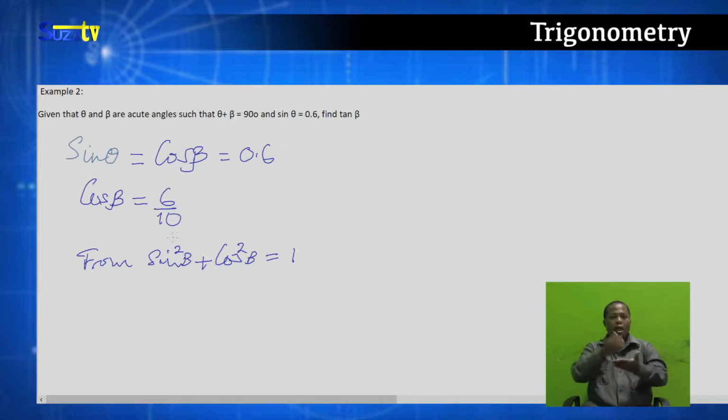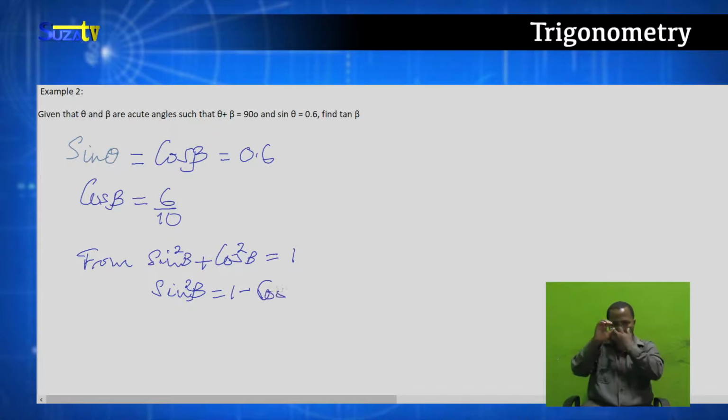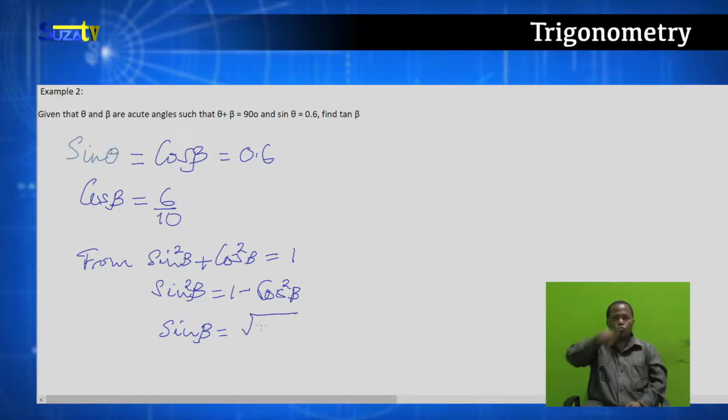So sine squared beta is going to be 1 minus cos squared beta. The same thing here, we can see that sine of angle beta is equal to the square root of 1 minus cos squared beta.